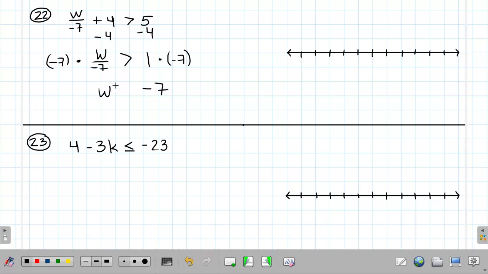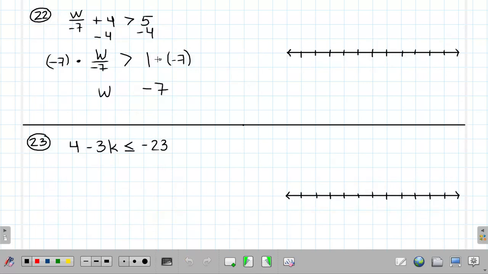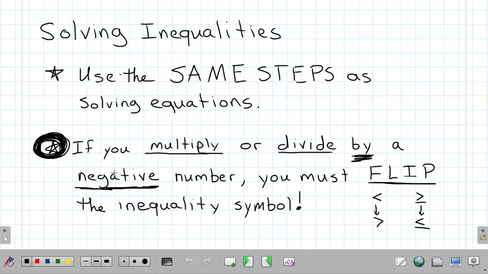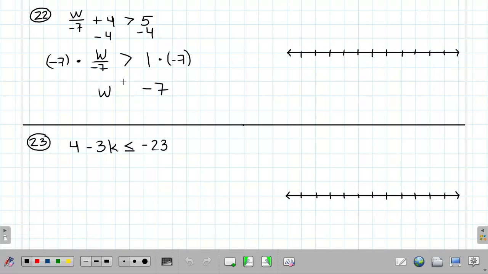But what should my sign be? Well, first off, I multiplied both sides. But what did I multiply by? A -7. Okay? So a -7, meaning this greater than symbol needs to flip and become a less than symbol.